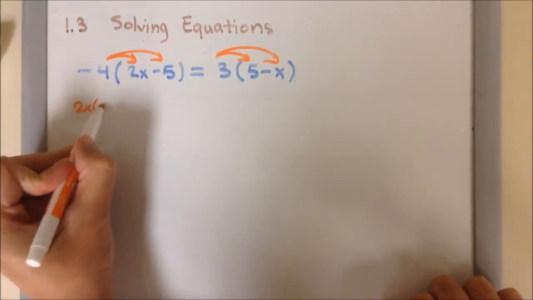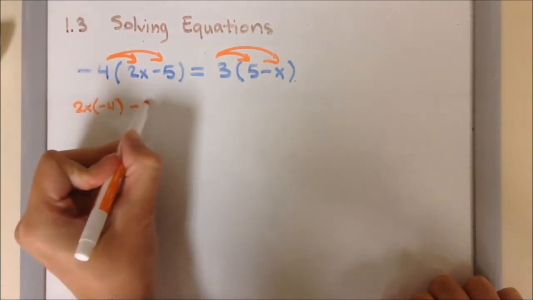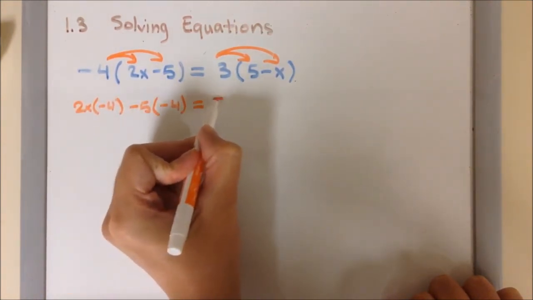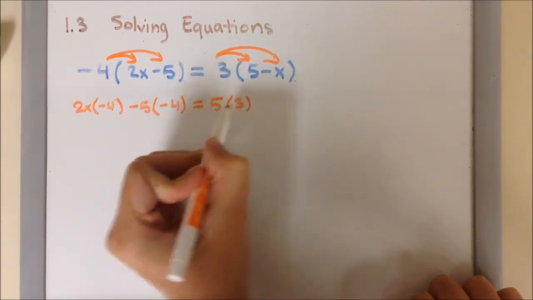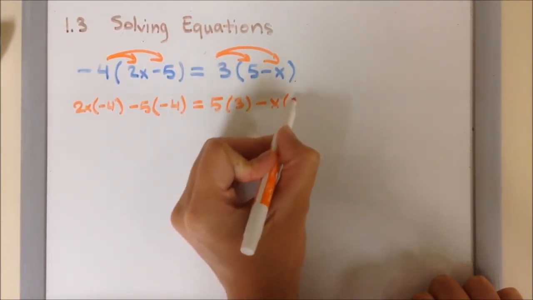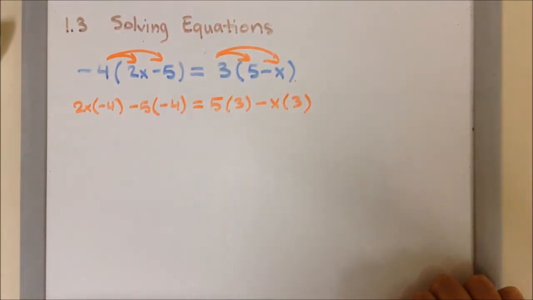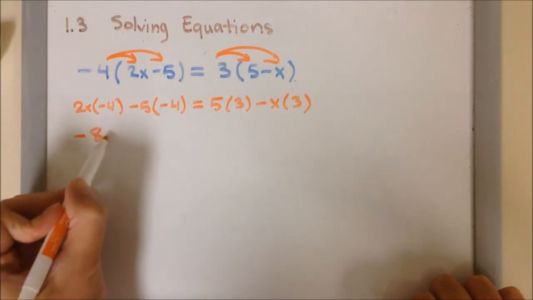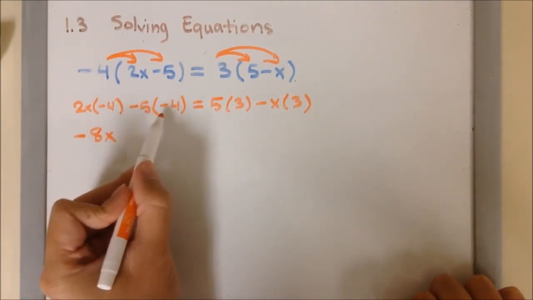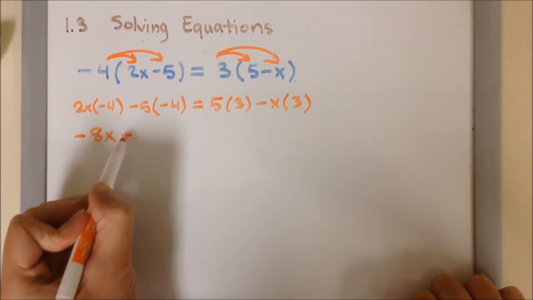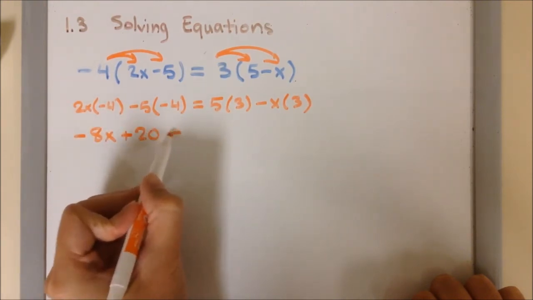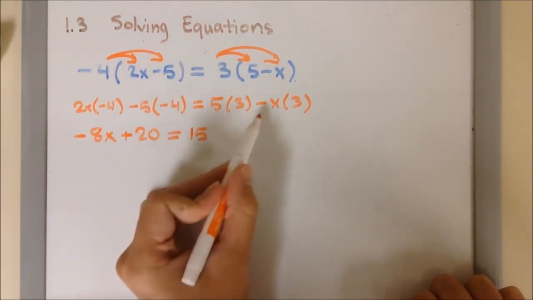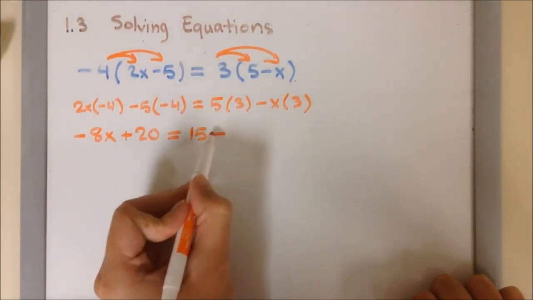Positive 2x times negative 4, minus 5 times negative 4, equals positive 5 times positive 3, minus x times positive 3x. Now, 2x times negative 4 is negative 8x, minus 5 times negative 4 becomes positive 20, equals positive 5 times positive 3, 15, minus x times positive 3, minus 3x.